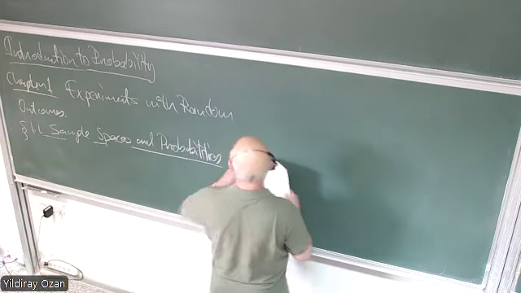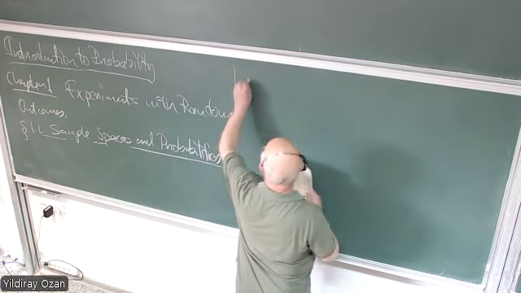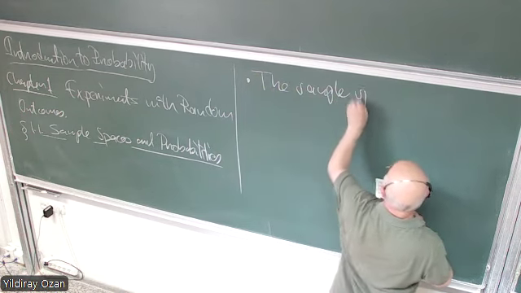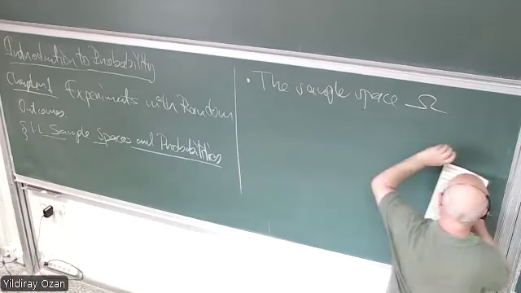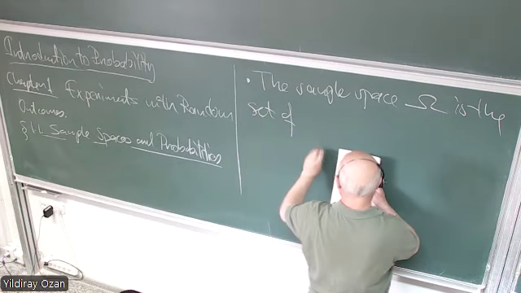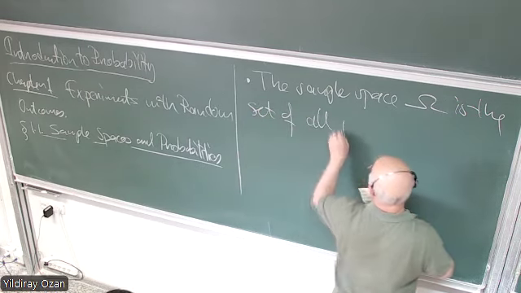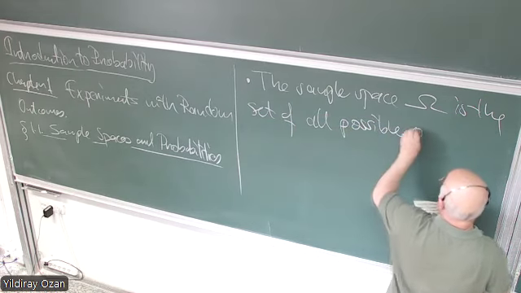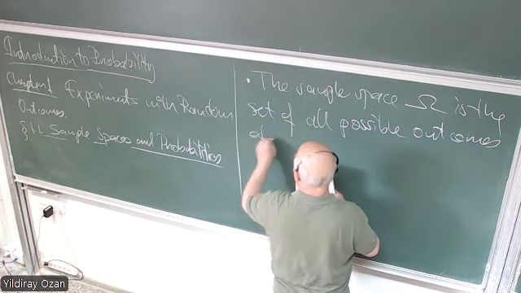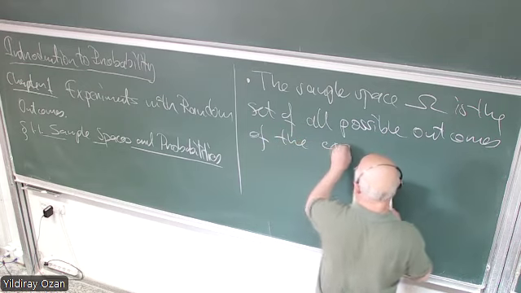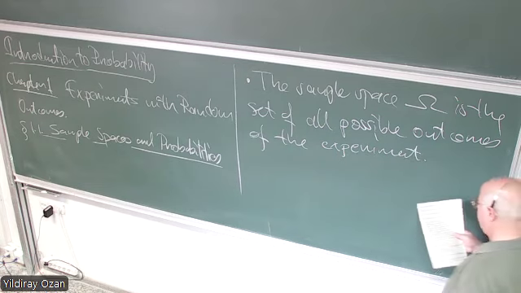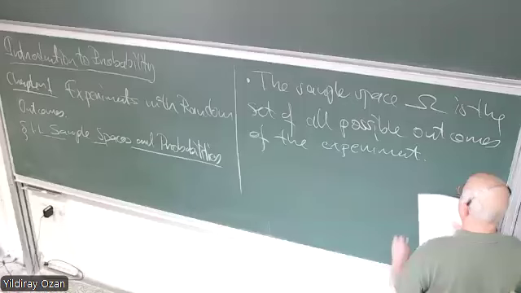So what's the sample space? Let me start from that. The sample space omega is the set of all possible outcomes of the experiment. Suppose you make an experiment and you just list all possible outcomes of this experiment.